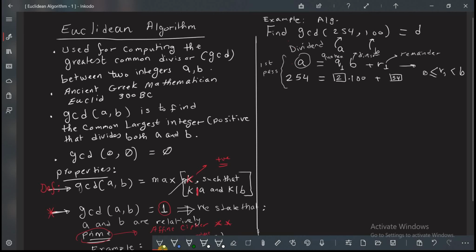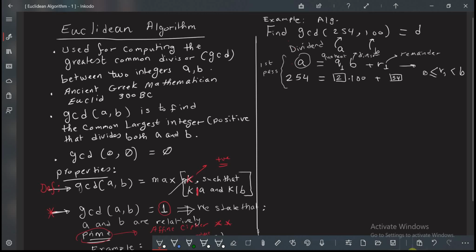Those are some terminologies, because we can express them in a table if we want to, but we'll come back to that later on. Again, the number on this side, A, we call the dividend. This is the quotient, Q, and B is the divisor, because here we divided A by B, the quotient is the result, and the remainder is R1.